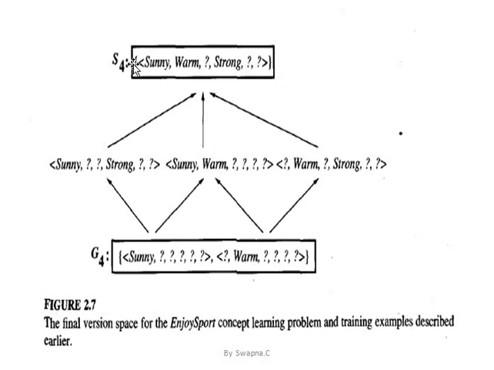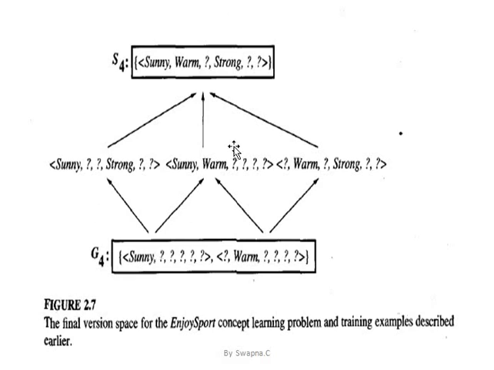The S4 hypothesis specifically has constraints sunny, warm, strong, remaining all question marks. In G4, sunny is contained, and remaining all are represented with question marks. So it will take sunny and any one of these two, sunny and warm or sunny and strong. So from this sunny and by using this strong, it wrote this type of subset.